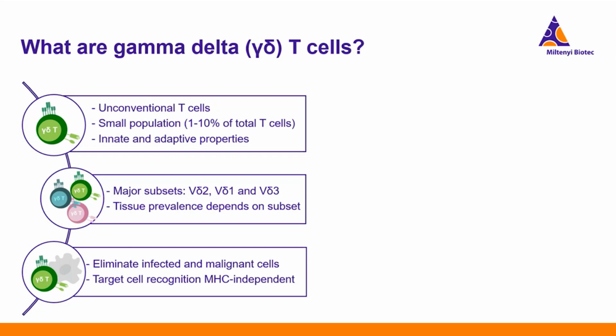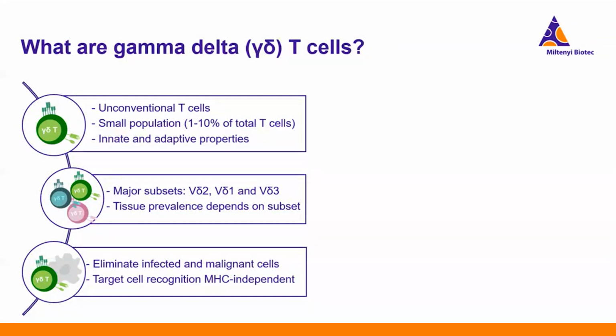They are a very small population within the total T cell compartment in the body. And the major subsets that have been described so far are the V delta 2, as well as the V delta 1 and V delta 3 gamma delta T cells. And each subset has different tissue prevalence that we will come to in a moment.